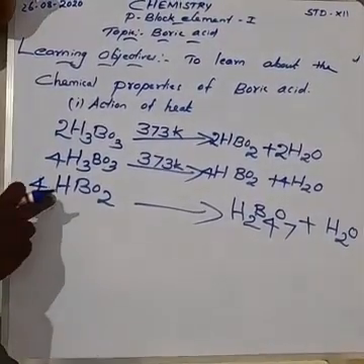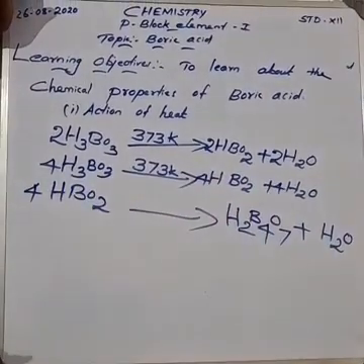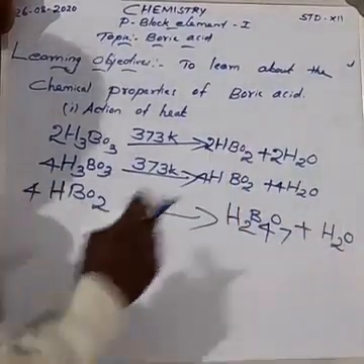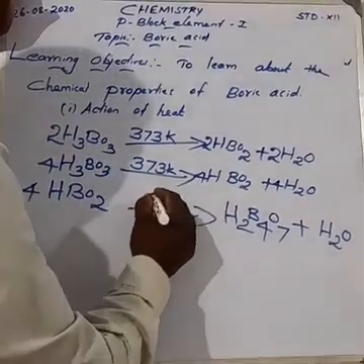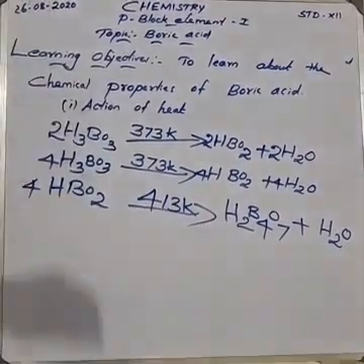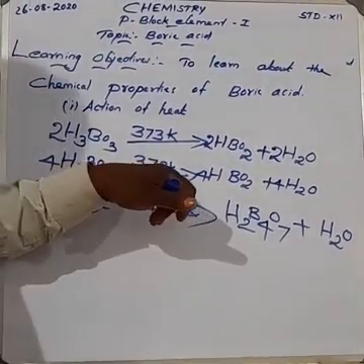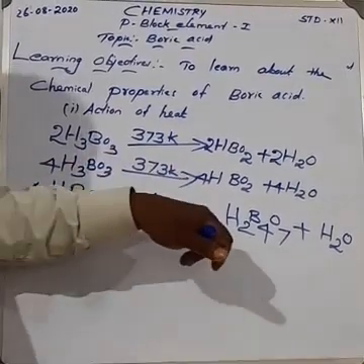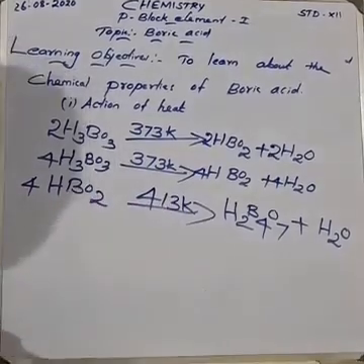Now hydrogen, 4 hydrogen, here only 2 and 2, balanced. Oxygen, 4 2s are 8, 7 plus 1, 8. Now the equation is balanced. The temperature is 430 Kelvin. For the metaboric acid, the temperature is 373 Kelvin, and tetraboric acid temperature is 413 Kelvin.